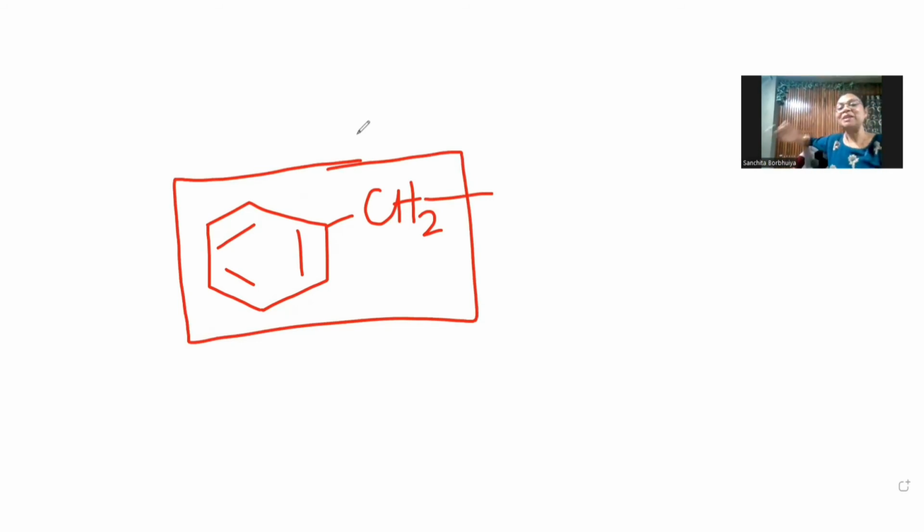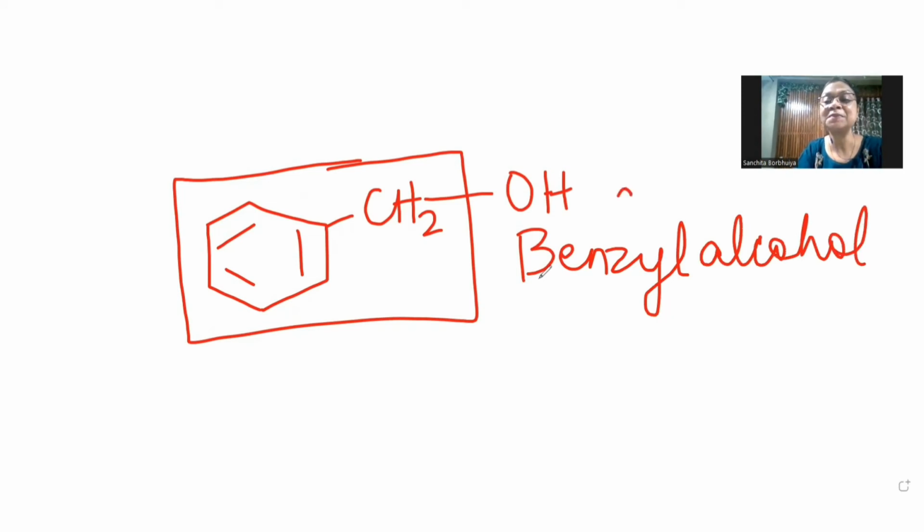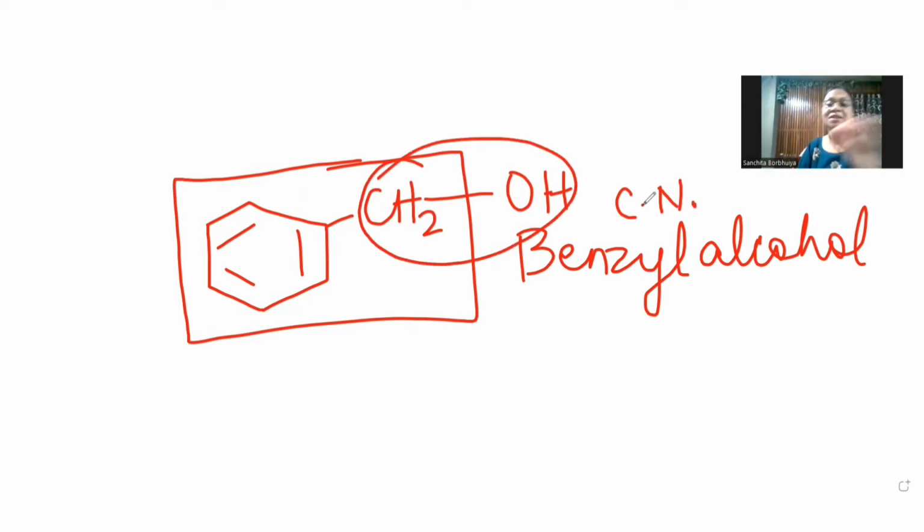As we had benzyl chloride, similarly we have benzyl alcohol if we put an OH on the CH2 carbon. So the common name of this compound is benzyl alcohol. We are interested in the common names also.